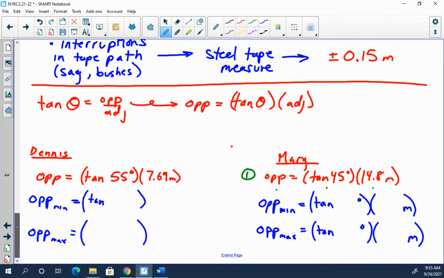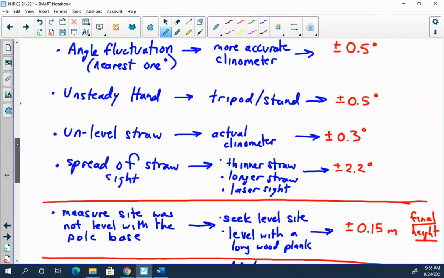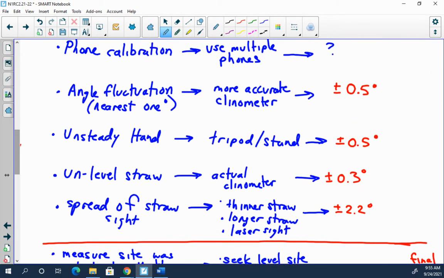The reason this is reliable and reasonable is because it is possible that due to these sources of error, you ended up low on the angle due to these fluctuations, steadiness of the hand, the straw, etc. And if all of those were to compound, were to happen at once, which is possible, what would you have gotten? And then if all of them would happen the other way to maximize, what would you have gotten?